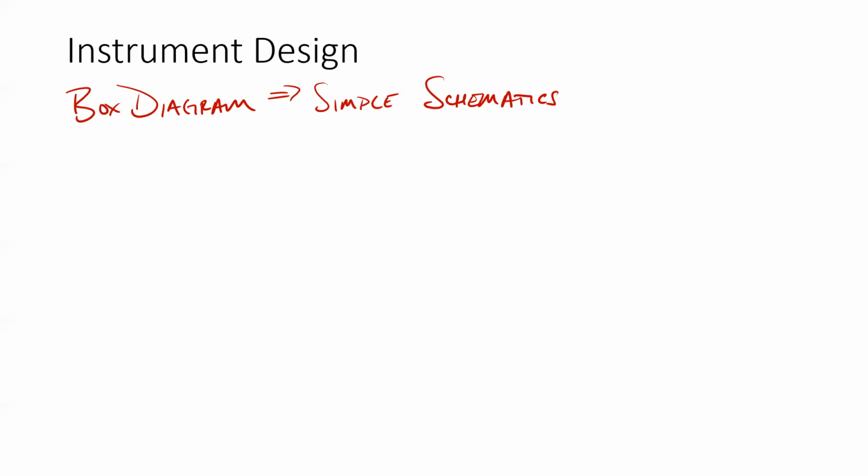So the basic instrument design for UV Vis, right? We have our light source. And in that light source, we want to make it monochromatic. And so it goes to a monochromator.